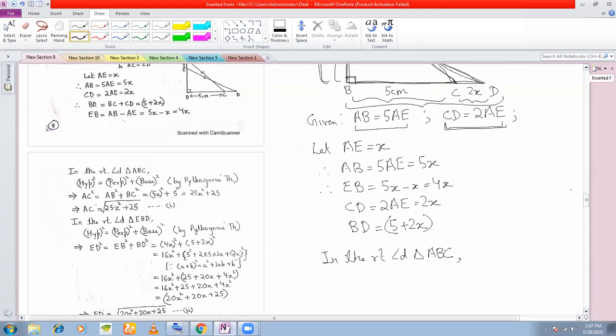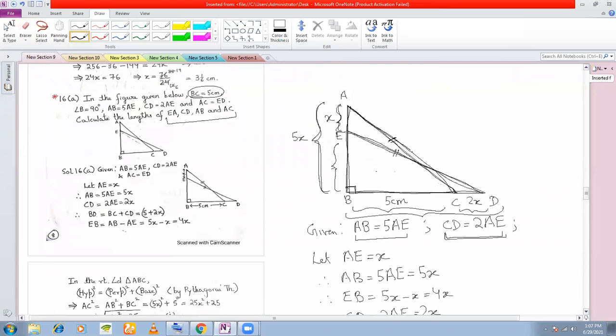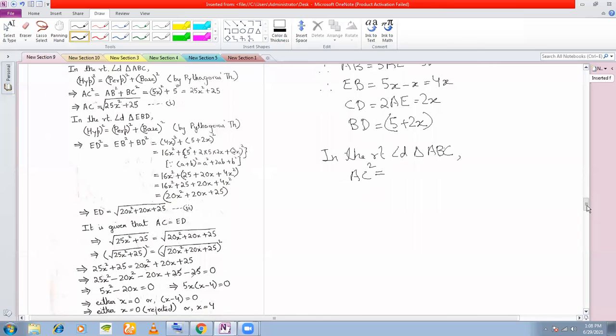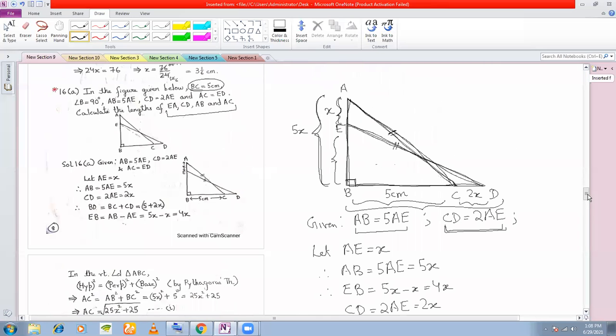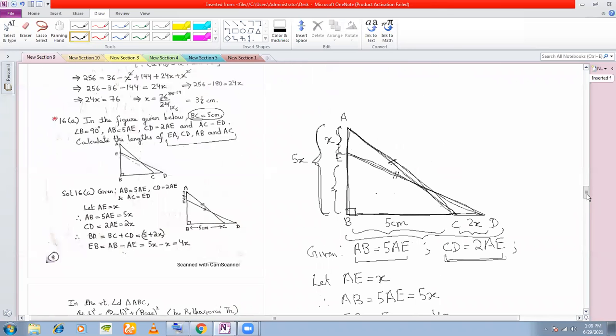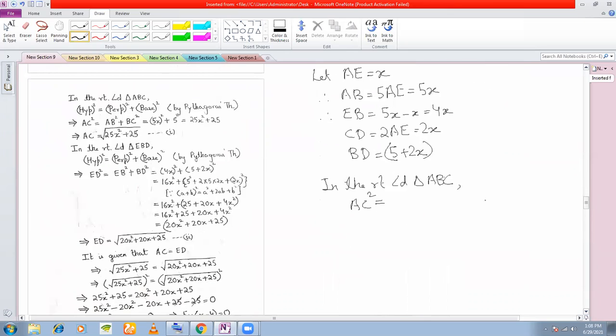In this right angle triangle ABC, AC is the hypotenuse. So AC square is equal to AB square plus BC square, right?